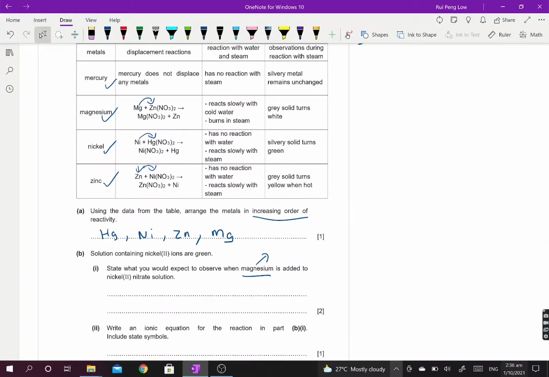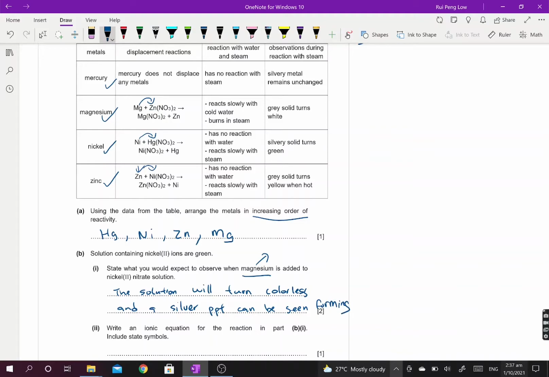So what you're going to say is that the solution will turn colorless, and a silver precipitate can be seen forming.